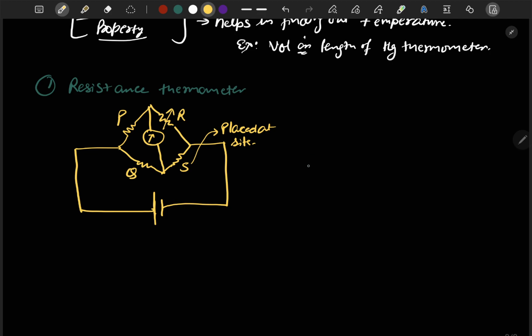Assuming a Wheatstone bridge, when we make the current in this circuit zero, we can say that P by Q is equal to R by S, and we will be able to calculate the value of S. This resistance thermometer uses resistance as a thermometric property.